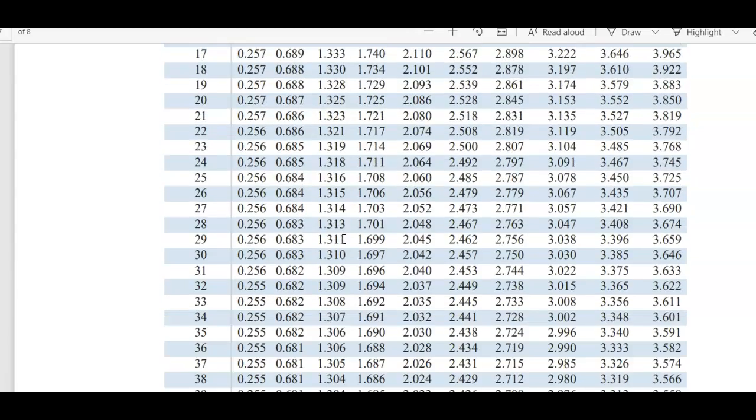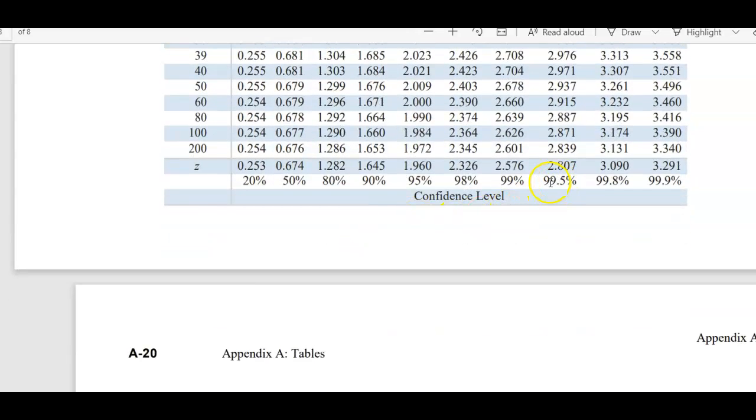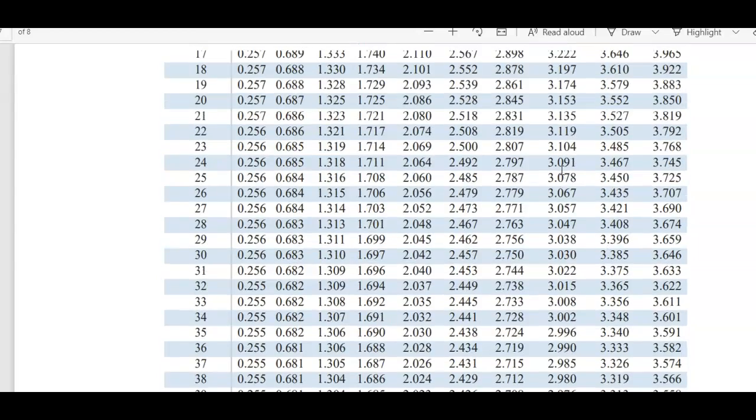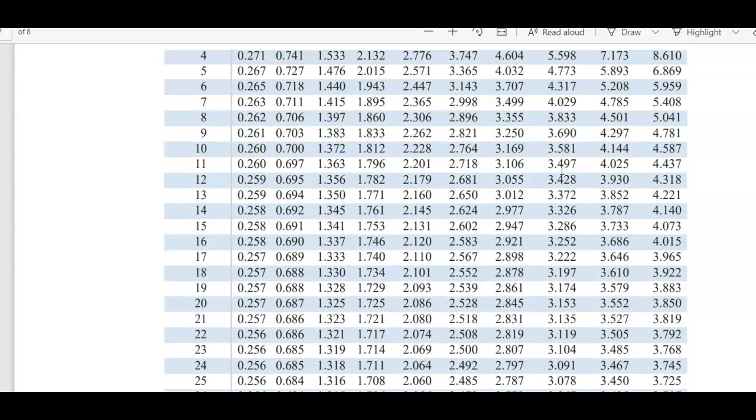We wanted a 99.5% confidence interval, so I'm going to come down here to the 99.5% confidence interval. We had 14 values, so my degrees of freedom is 13. So I'm going to come across and use this 3.372.